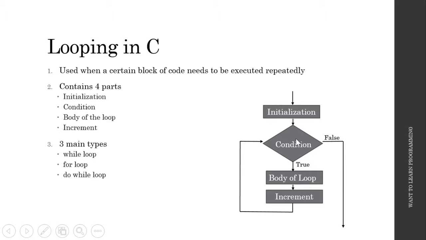The condition checks whether now the condition is satisfied or not. If the condition is satisfied, then it again executes the body of the loop, again increment, and so on. If in case the condition fails, then it goes to the false and then continues with the rest of the program. So let's look at what a for loop statement is.